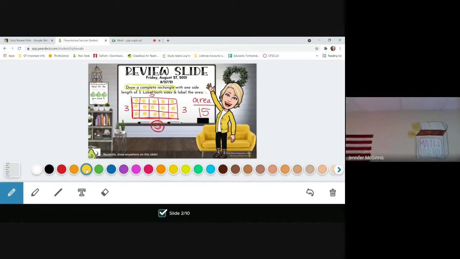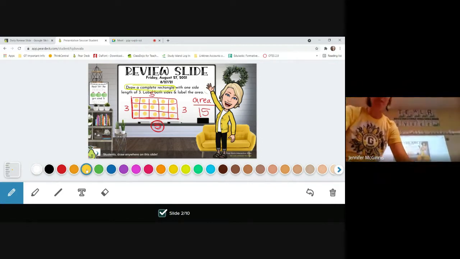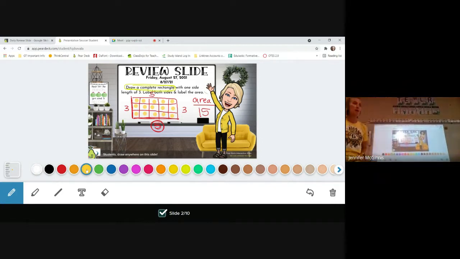Try to hold this still. What is this right here? What does it say? Math toolbox. This is where we put our strategies, the different ways that we can come up with an answer. This is one strategy where we drew a picture, and that is a great strategy for you to use to find your answer.